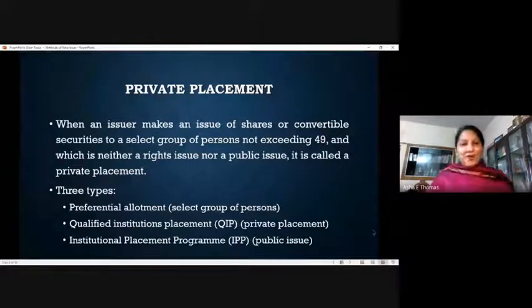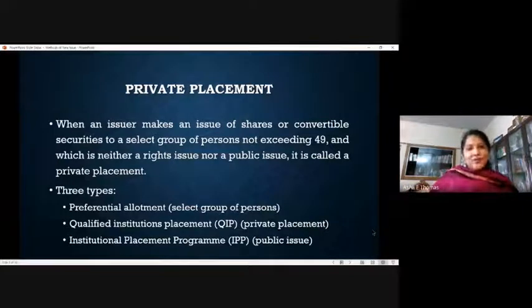And broadly, private placement can be categorized into three: preferential allotment, QIP, qualified institutional placement, and institutional placement program. Preferential allotment, as the definition says, is where the offer is made to a selected group of persons. In qualified institutional placement, those institutions which are registered under the purview of SEBI qualify for getting this private placement offer.